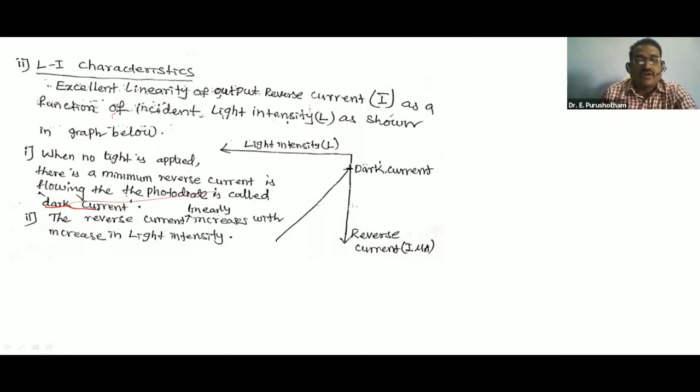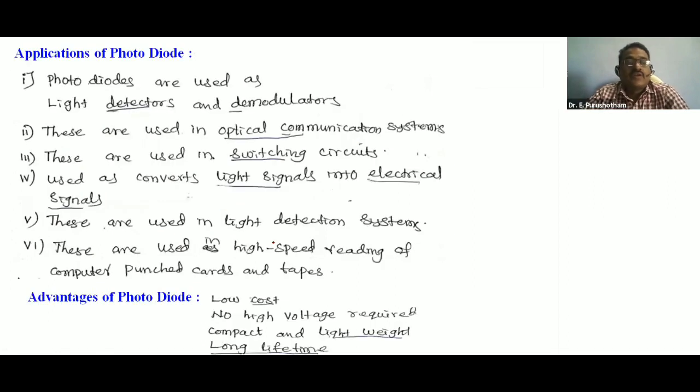That is called dark current. From this place to this place, it represents the dark current. Second point. The reverse current linearly increases with increase in light intensity. From this point, as the light intensity increases, the reverse current also increases. That is the LI characteristics.